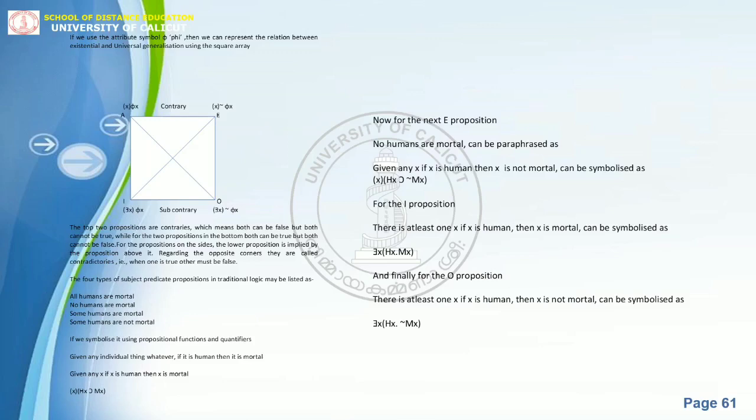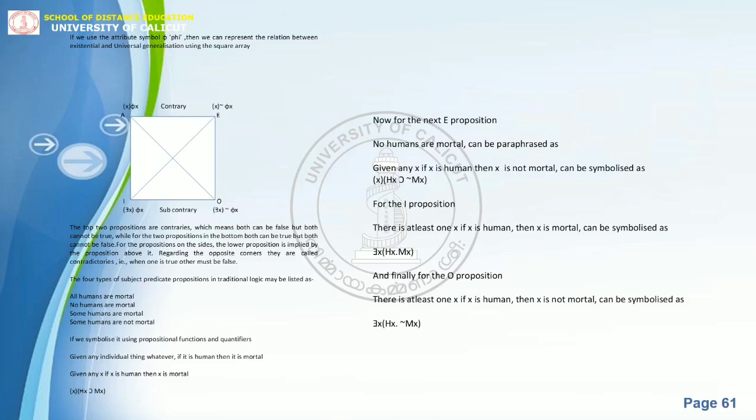So actually the A proposition is the universal quantification of the complex propositional function Hx implies Mx. Here we have to think that the substitution instances are not singular propositions, but conditionals whose antecedents and consequents are singular propositions that have the same subject terms.